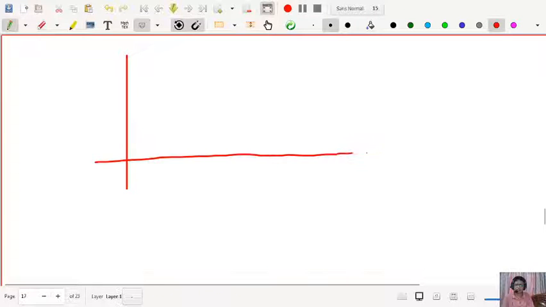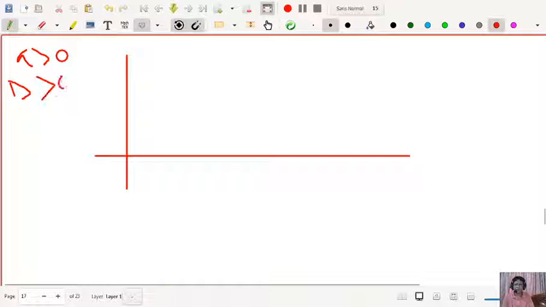First case: the leading coefficient is positive and the discriminant is also positive, so it has two real roots. The diagram will be like this.